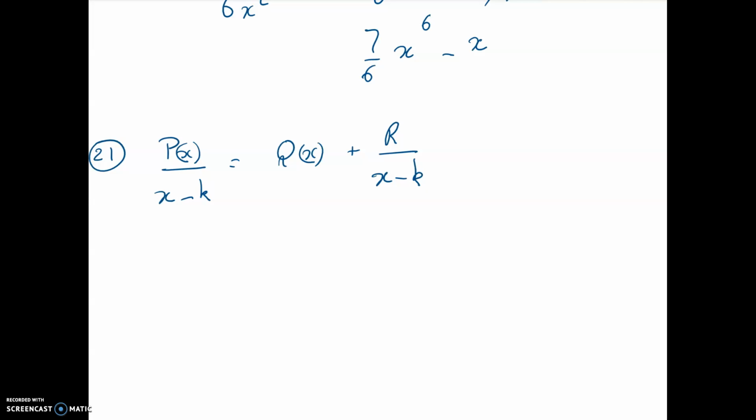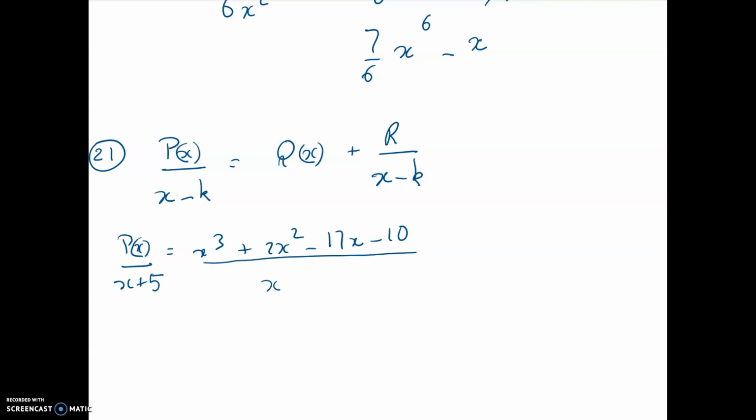So what they are telling you is find each quotient when p of x is divided by x plus 5. We have p of x equal x cubed plus 2x squared minus 17x minus 10. So we are looking at the division of x cubed plus 2x squared minus 17x minus 10 by x plus 5.